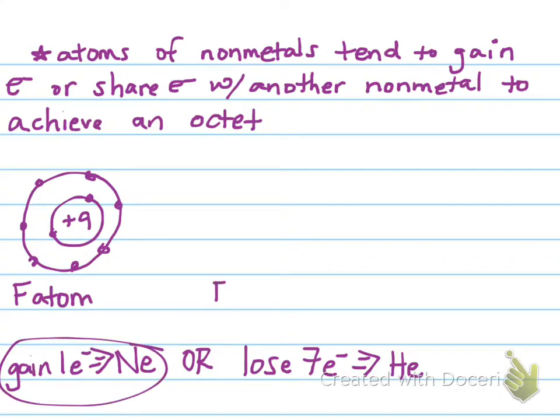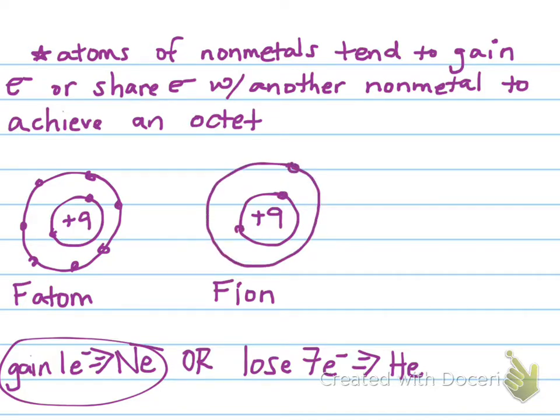So fluorine as an ion still has to have 9 protons because that is what makes it fluorine. Still going to have 2 electrons in its first. Now it's gained 1, right? It had 7. Now it's going to have 8 electrons in its valence shell. It has 8 valence electrons, right?